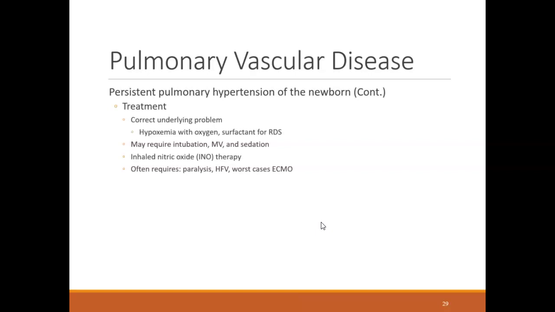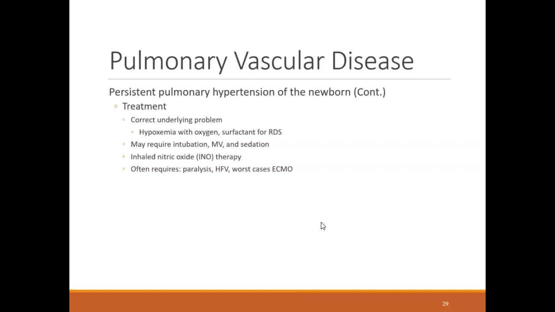It is FDA approved for the treatment of PPHN, and it's been demonstrated to reduce both the need for ECMO with these patients and mortality rates. So typically you're going to do early nitric oxide with these patients.